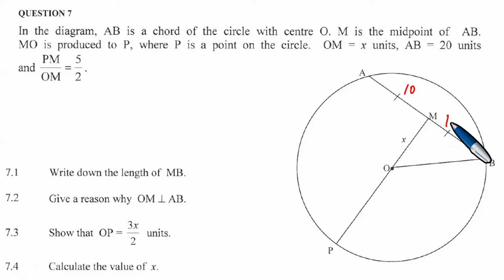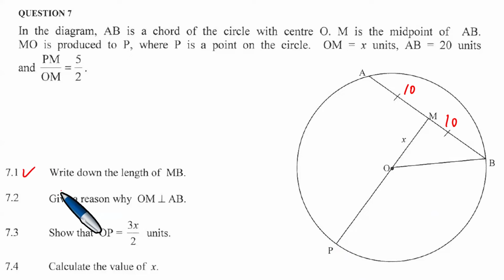This one is 10, 10, because these bits are equal to each other. And now we also have this ratio of PM to OM. So if you have PM to OM is 5 out of 2, we will obviously have a beautiful way to handle that part.